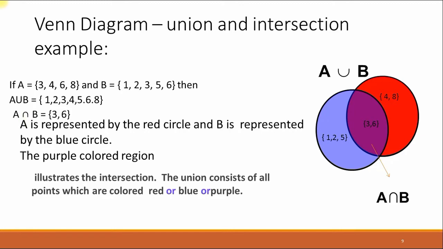Now, how do we represent this union and intersection of two sets by a Venn diagram? First of all, represent set A by a circle. Here A is represented by a red circle and B by a blue circle. This is set B, and this is set A, and this purple area represents the intersection of these two sets.